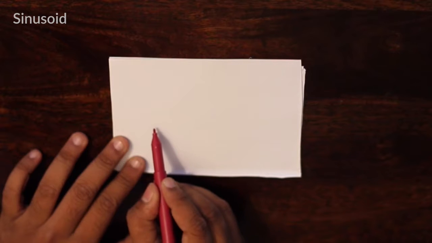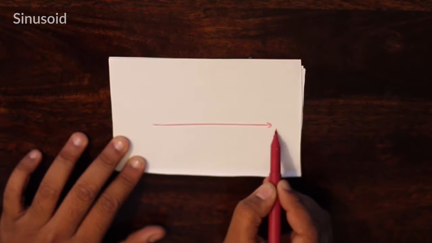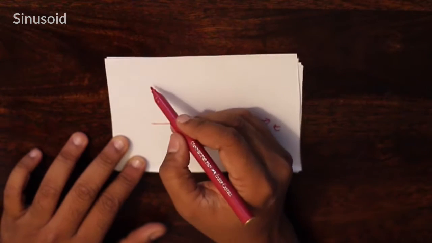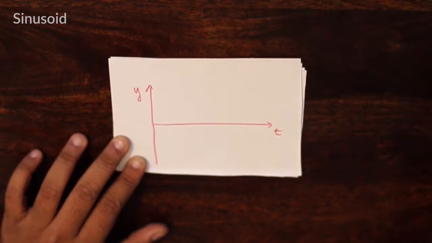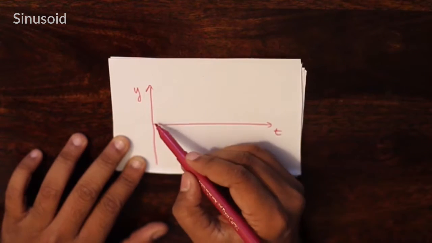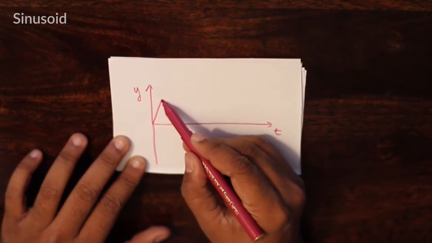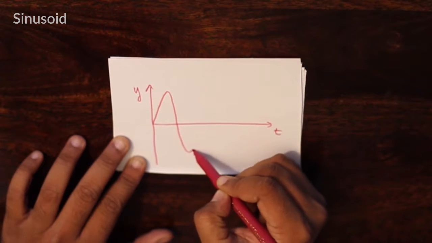If this were the time axis and this is the y axis, then y is equal to a sine omega t would be something like this, which is the sine curve.